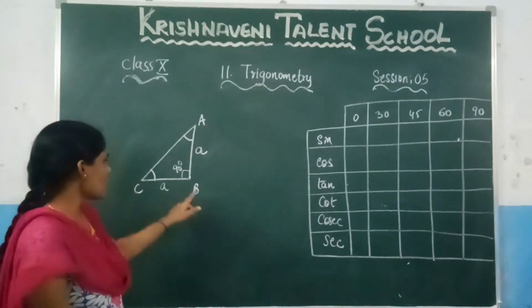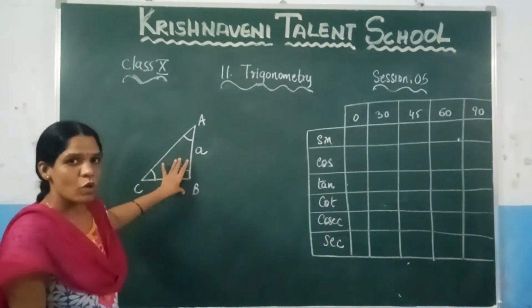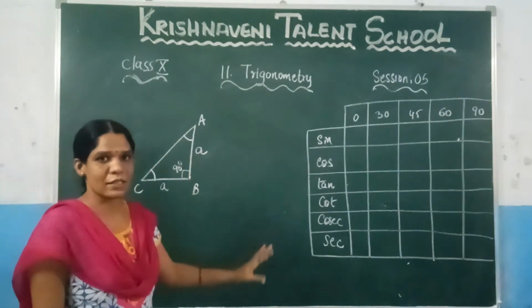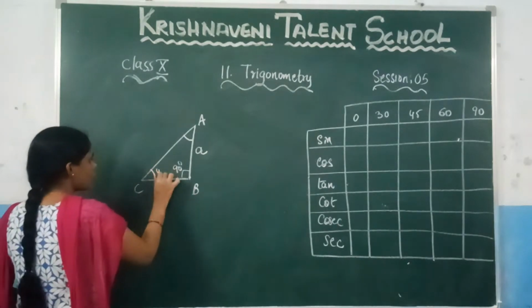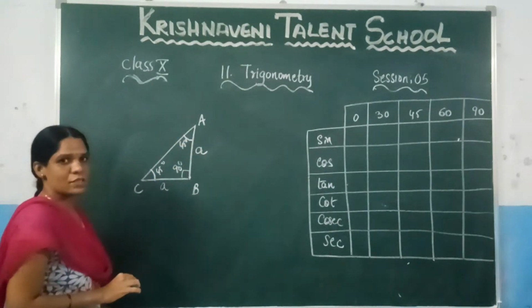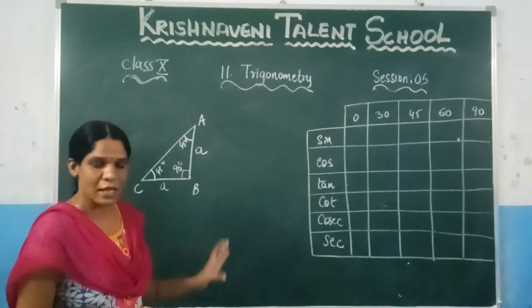You know that the sum of the angles of a triangle is 180. If this is 90, the sum of the remaining two angles is 90 degrees. Since it is an isosceles triangle, this angle is equal to 45 degrees and this angle is equal to 45 degrees. Now, this is about this triangle. It is an isosceles right angle triangle.